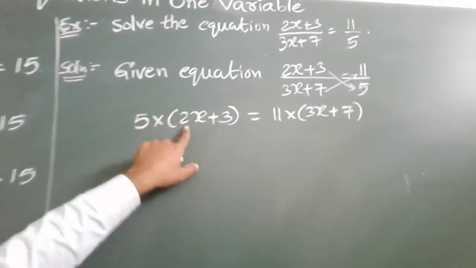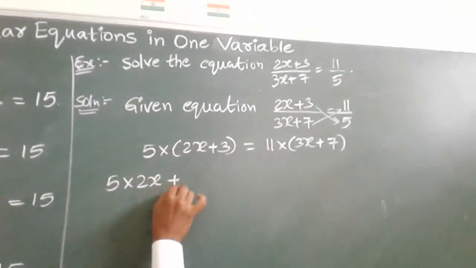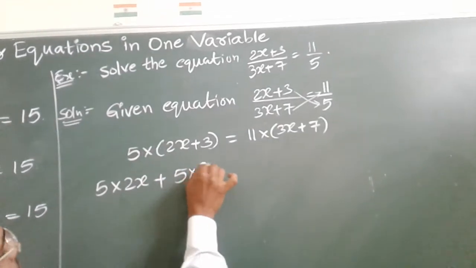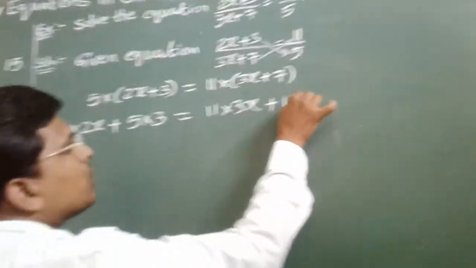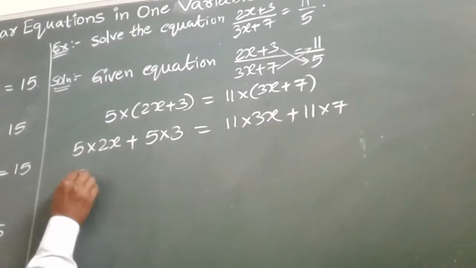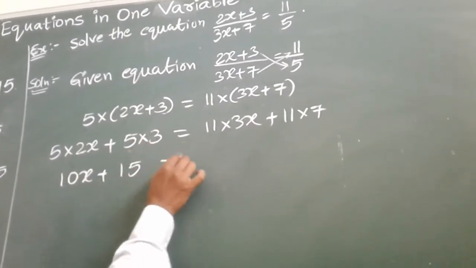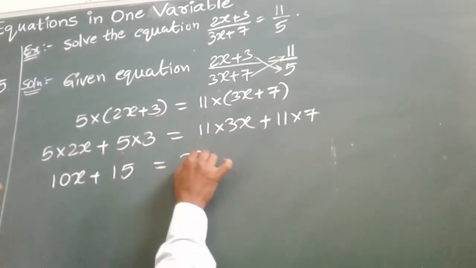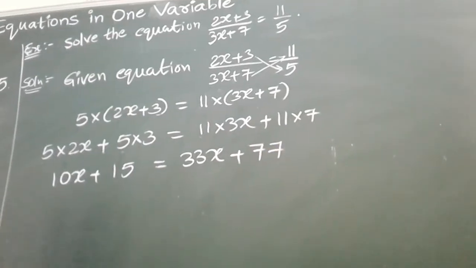Okay, multiply 5 with this binomial. 5 into 2x plus 5 into 3 is equal to 11 into 3x plus 11 into 7. 5 into 2, how much? 10. 10x plus 5 3s are 15 is equal to 11 3s are 33x plus 11 7s are 77.